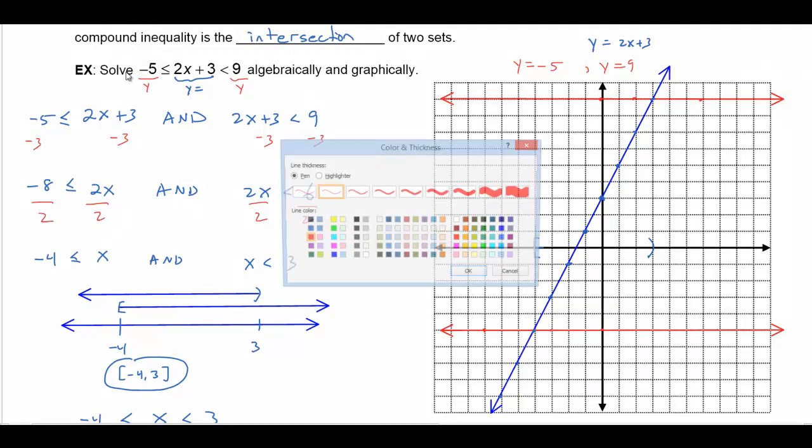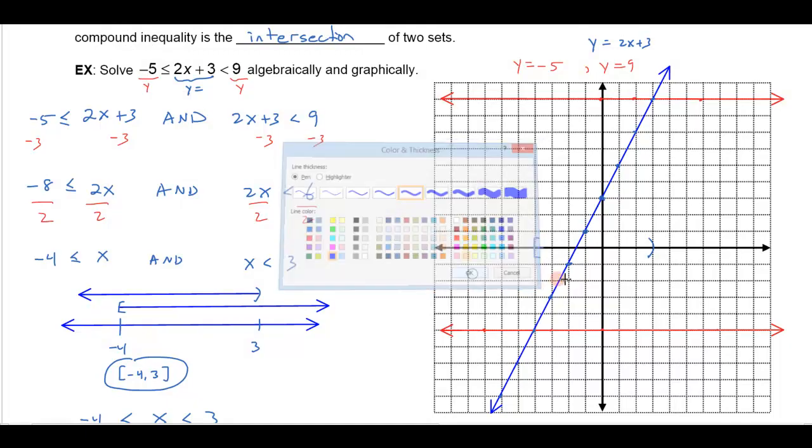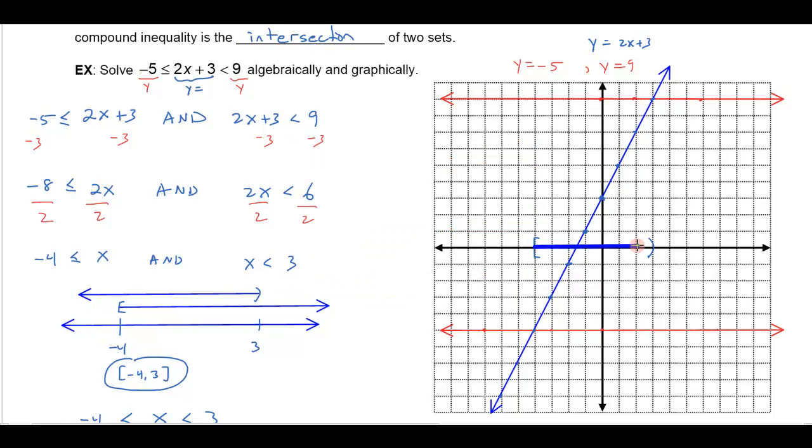And again, if you compare that with our answer, any of these x values are going to make this blue line be between the two red lines. And if you look at that, what is that? Oh, that's negative 4 up to 3, right? That is exactly the interval from negative 4 to 3. And notice that's the same thing that we got when we did it algebraically. Okay?